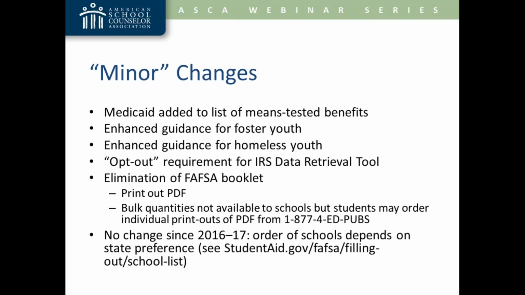The reason we ask about this is that that question helps determine whether that student will be able to exclude assets from his or her FAFSA. This topic does get complicated, so I'm not going to go into it just now because the purpose of this webinar really is to provide an overview of the changes for the FAFSA. But suffice to say, Medicaid has now been added to that question that asks if anyone in the student's or parent's household received certain benefits in the last 2 years.